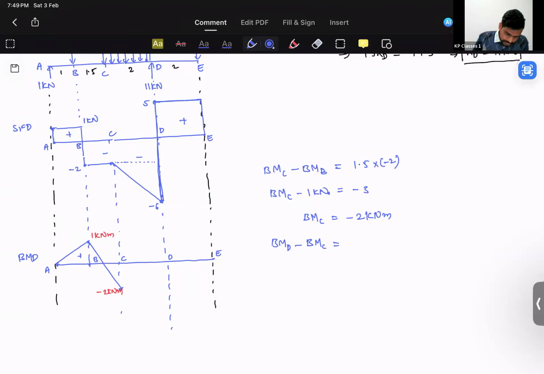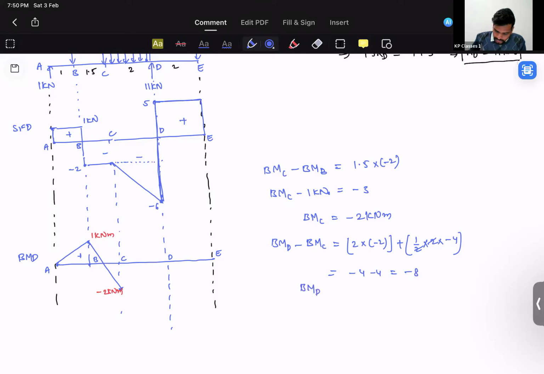So the rectangular area over there, that's 2 meter span, so 2 into minus 2. That's the rectangular area. Plus the triangular area will be half into the base is 2 into the height is going to be minus 4, because it is minus 2 till this point. The remaining part will be minus 4. So that will come out to be minus 8.